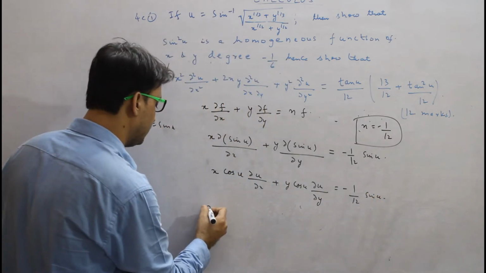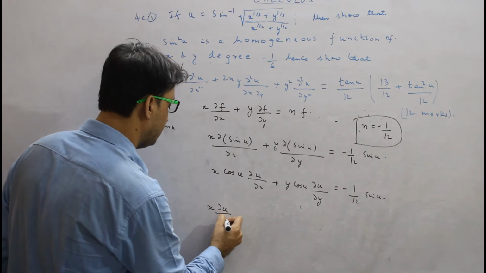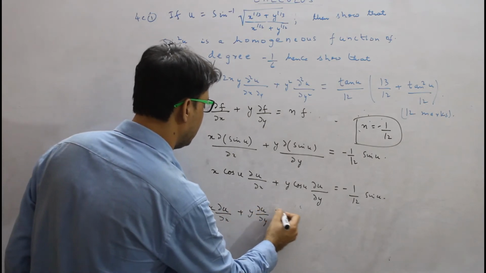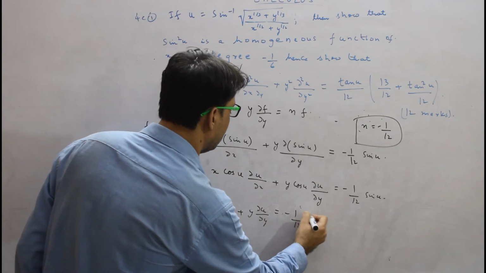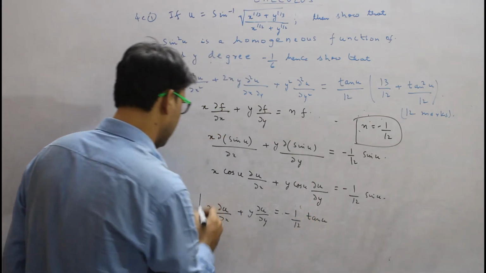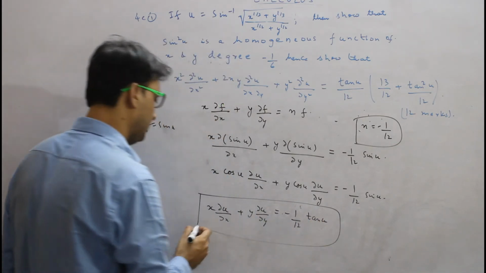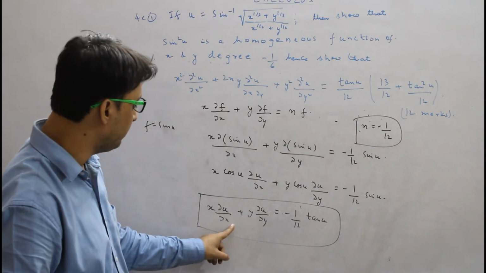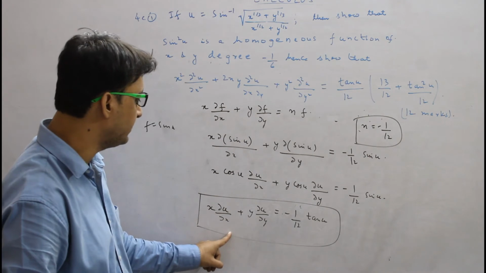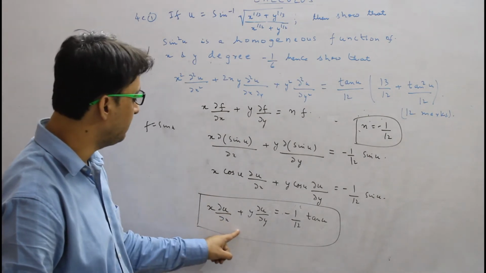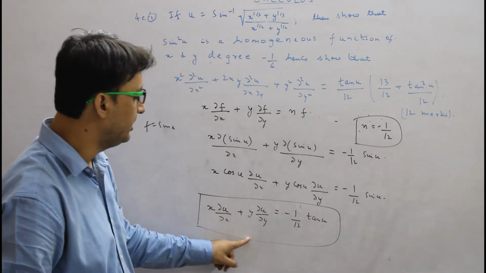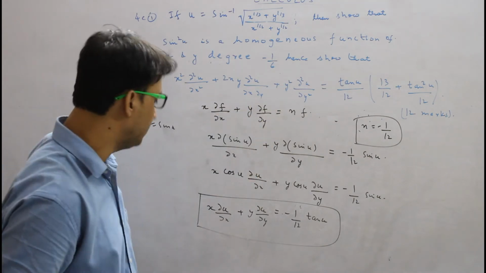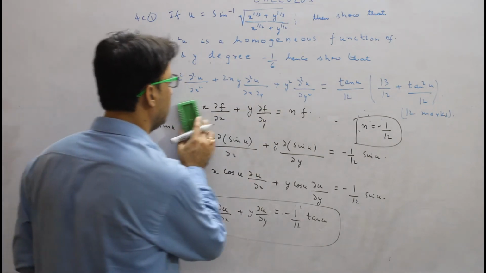So we can write this as x ∂u/∂x plus y ∂u/∂y is equal to minus 1/12 tan u. This is for the first term. Now what I will do, I will differentiate this equation partially with respect to x, and again I will differentiate this equation partially with respect to y, and I will add both of these, and then I will get the result that we are trying to seek.